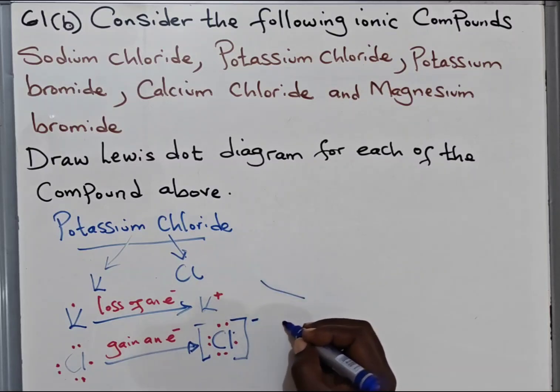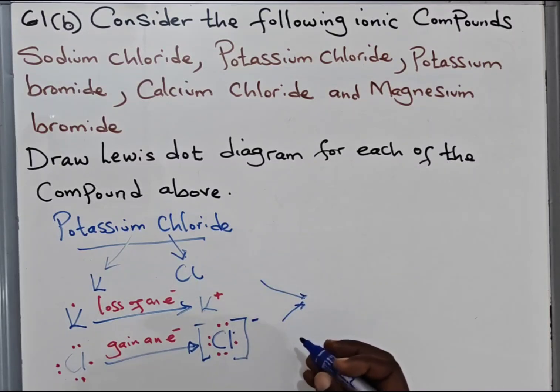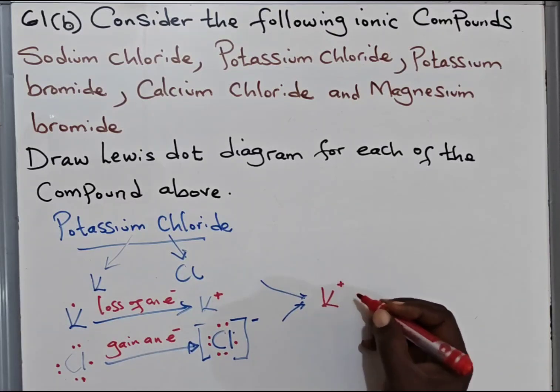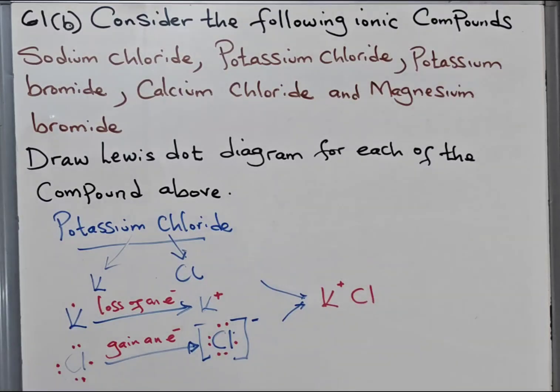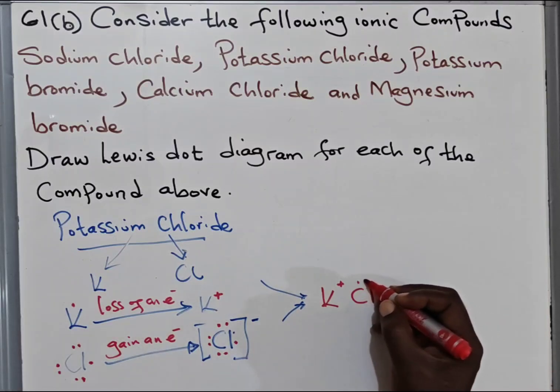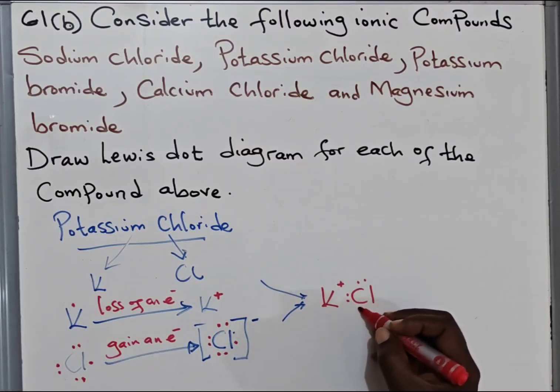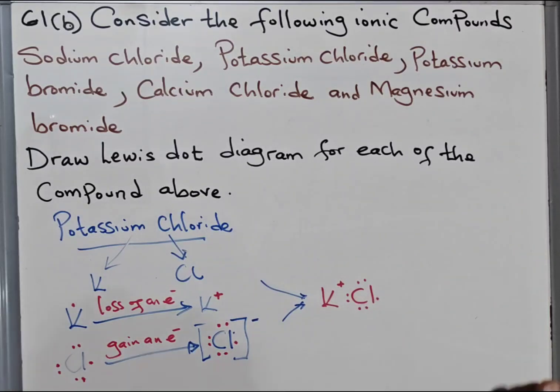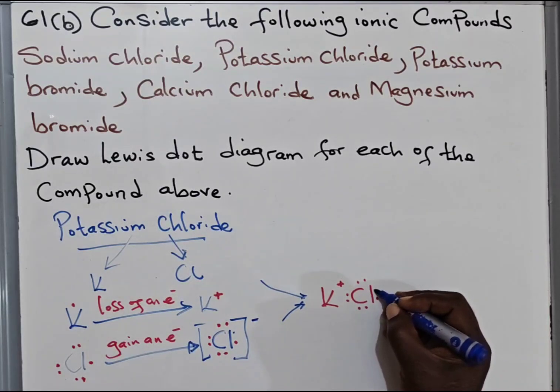So when you combine these two, what are you going to have? We are going to have potassium, which is positively charged, and our chlorine, this time around chloride, and we indicate all the surrounding electrons, 1, 2, 3, 4, 5, 6, 7, and the one it gained, which is 8.